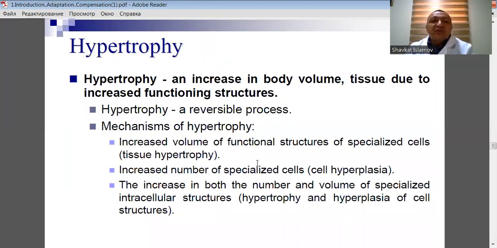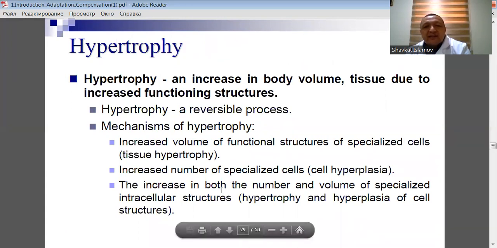Hypertrophy is an increase in the volume of tissue, increasing function of structures. Hypertrophy is a reversible process. Mechanisms of hypertrophy: increased volume of functional structures of specialized cells, increased number of specialized cells, an increase in both the number and volume of specialized intracellular structures.